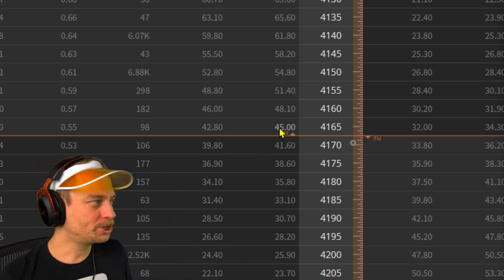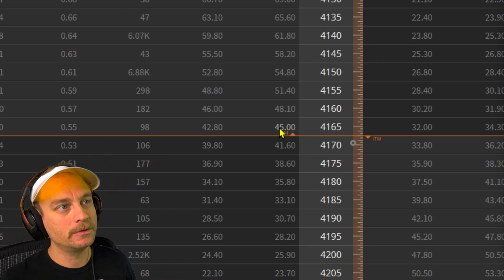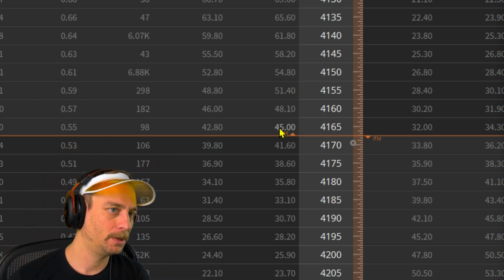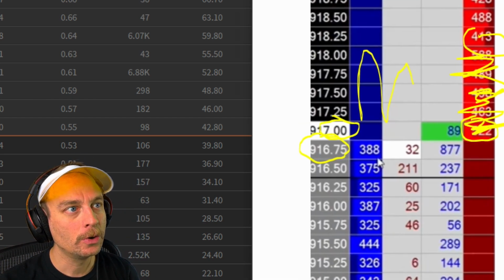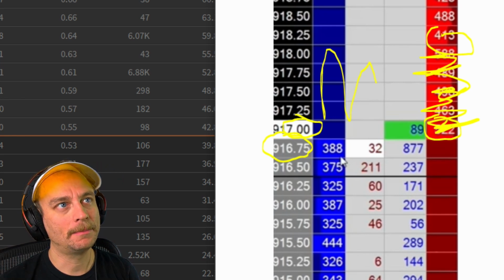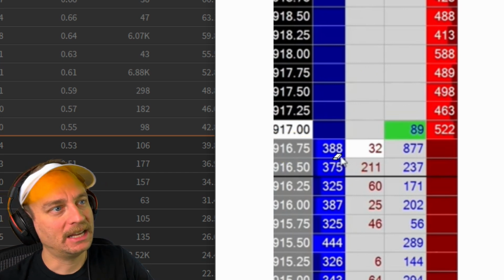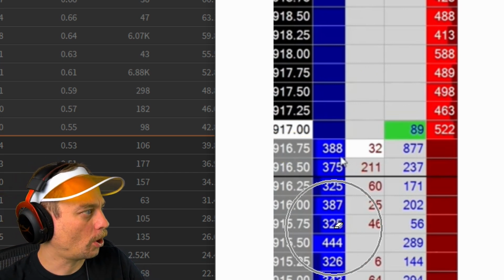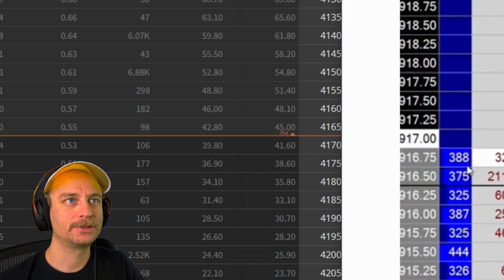So unfortunately, I can't show you this because Tastyworks doesn't do this, but on other platforms, and I believe Thinkorswim, you can get access to level 2 data. Level 2 data is basically what you see on my DOM, where you can see the actual market depth. Meaning I can see the bids and offers all down here. I can see all these bids, and then I can see all the offers right there.